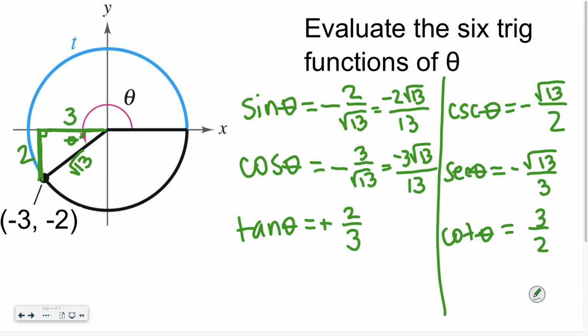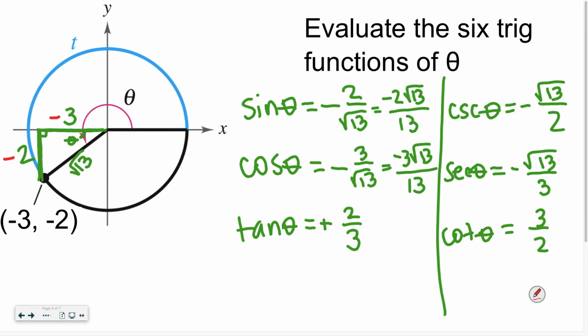Now, the way that we just did this problem, we labeled our triangle with positive lengths. I thought about where the reference triangle was, and I made my positive and negative signs accordingly. If you're worried about forgetting that, and you want to label this as a -3 and a -2, I really have no problem with that.